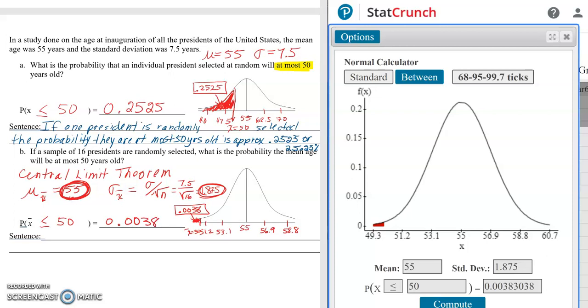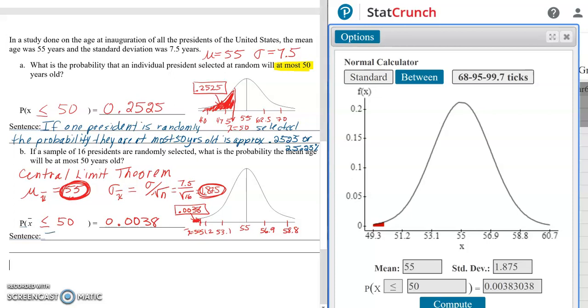Now for the sentence. Since we're selecting more than one president, it's going to be a little different. Remember, we're calculating the probability that the mean age will be at most 50 instead of just one person's age.